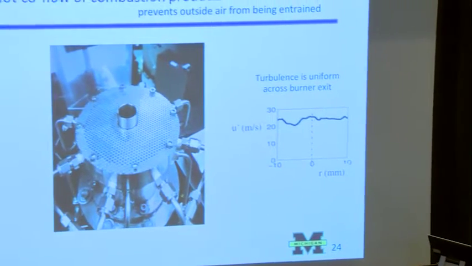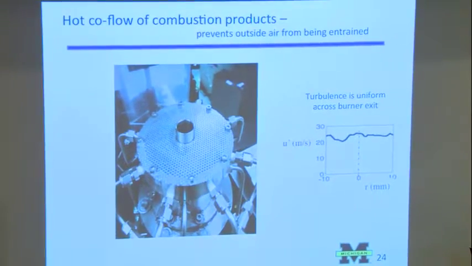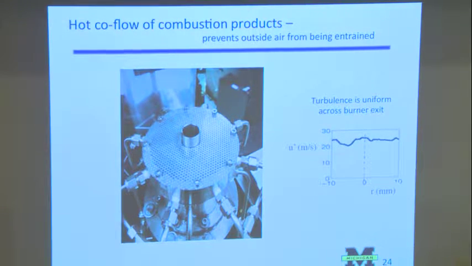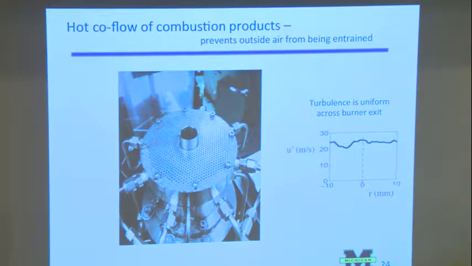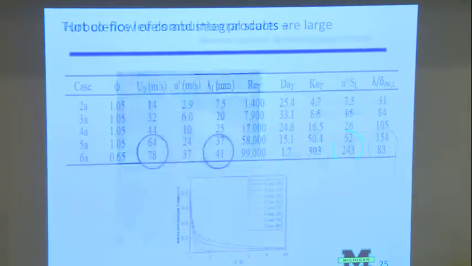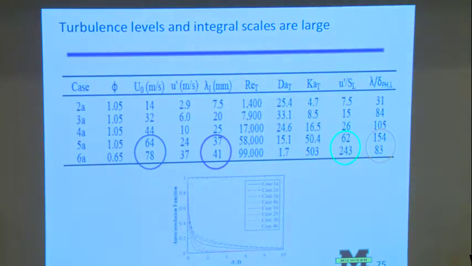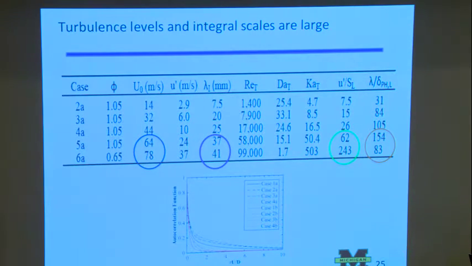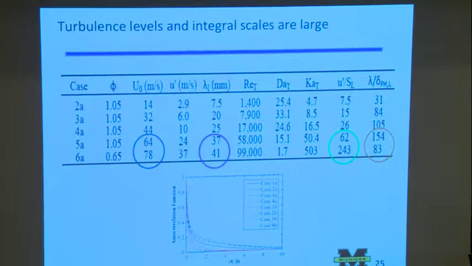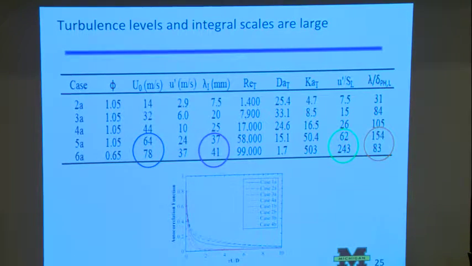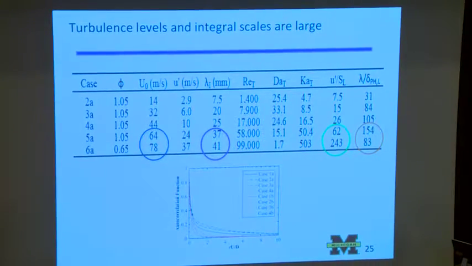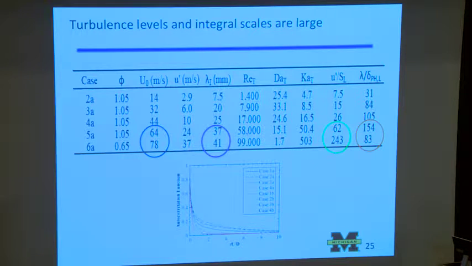It's really loud and noisy and somewhat dangerous, so you have to be in another room. But you can get the turbulence to be uniform across that pipe in the middle. And some of the conditions are that we can get very high turbulence levels of u' divided by the laminar burning velocity of up to 243. And as I say, that's about 16 times what other people have done. And it takes a lot of airflow and a lot of fuel. It's a pretty big device, okay?